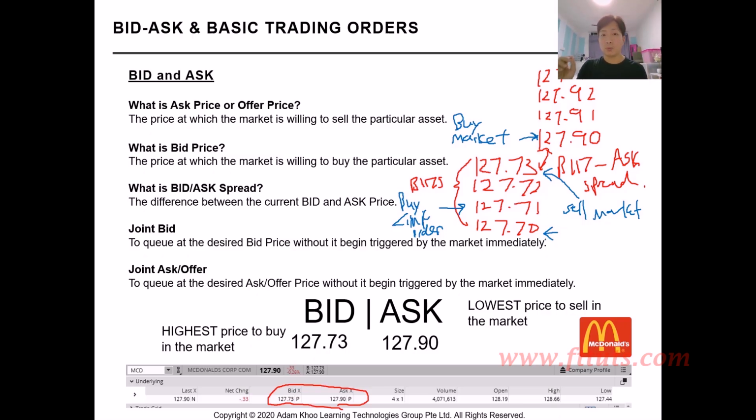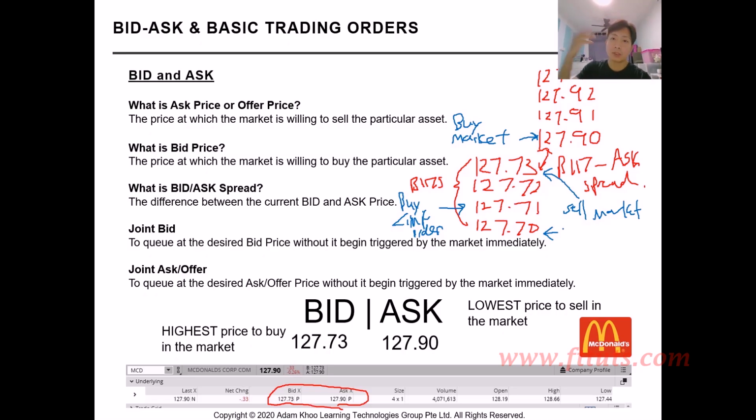Because you put the buy limit order at 127.71 and the market gapped down to 127.70, you will be filled on your buy order at 127.70 because you told the platform that you want a price of 127.71 or better. So now there's a better price, so the platform will fill you at the better price of 127.70 immediately.